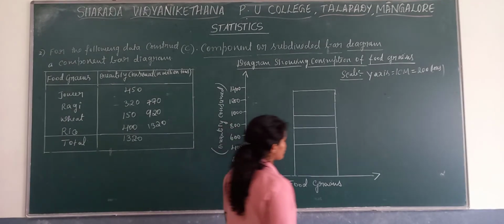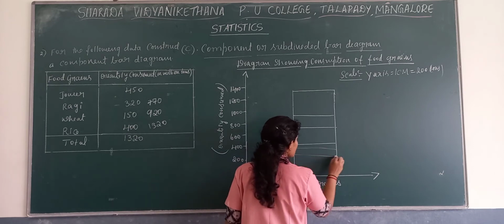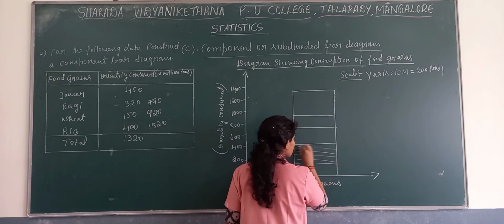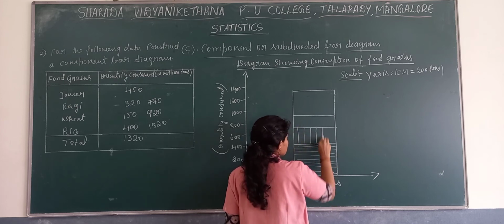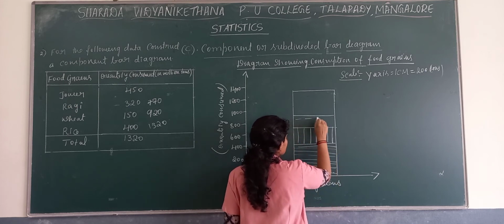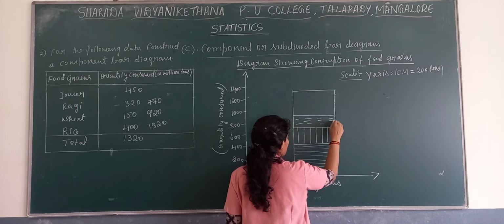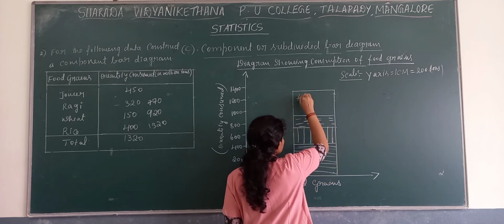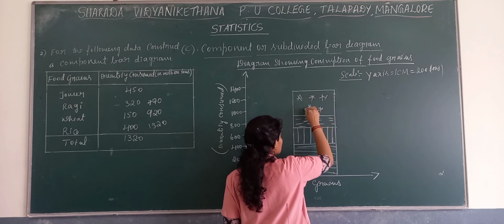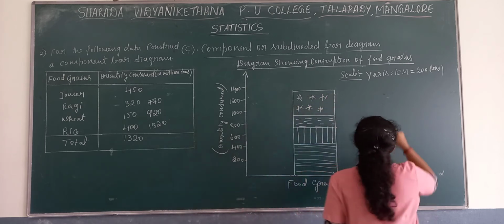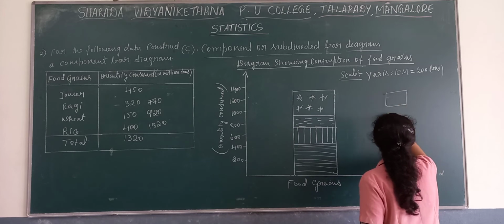Now we need to shade this, giving different kinds of shades. Here is the index.